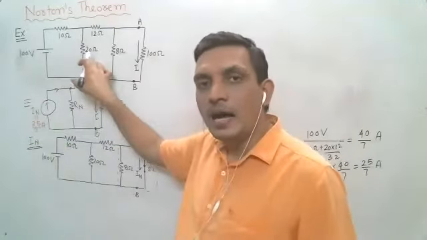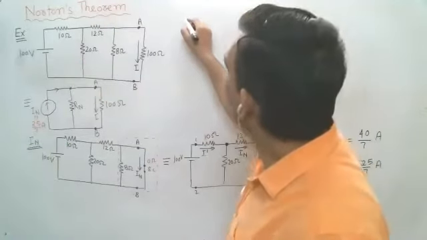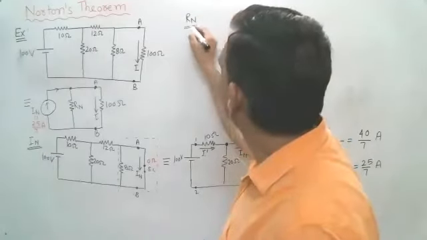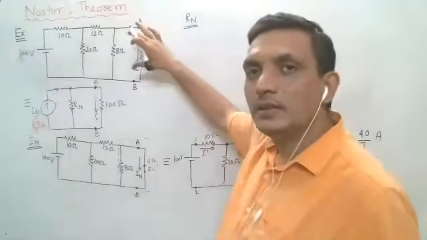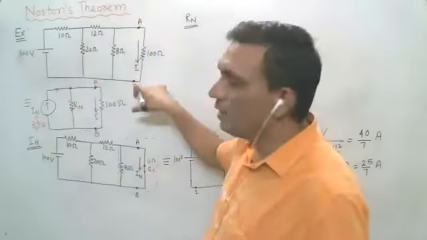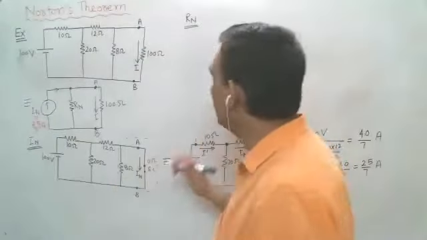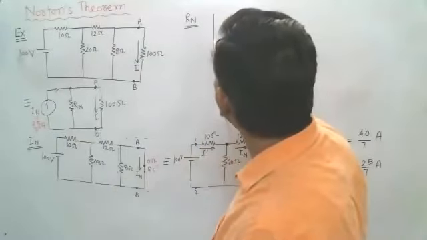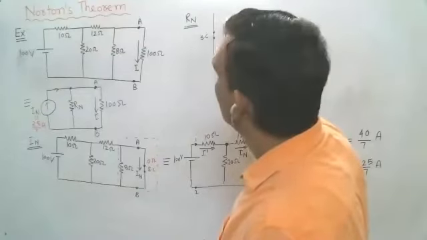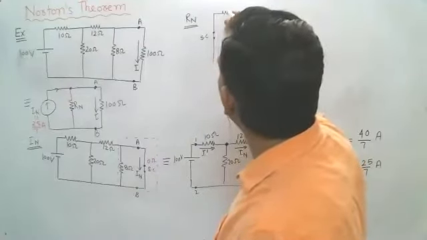Now what will be RN for this circuit? So let us draw the equivalent for RN. RN is, again, short the voltage source, measure the equivalent resistance across AB, similar to RTH. Voltage source is short circuit. And then this is 10 ohm.